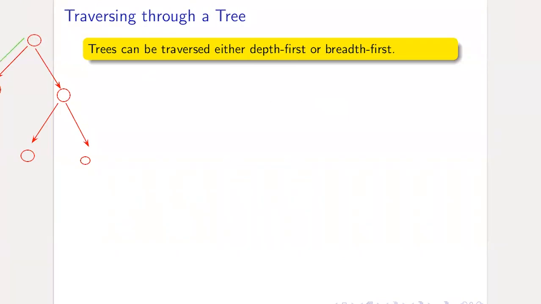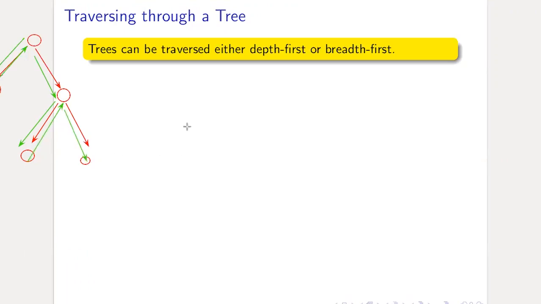You keep on going down, and when you hit the bottom on one path, you come back up and keep going down. So if you start here and go to the left, you go down. You can't go any further, so that ends the visit there, and then you come here and go down this way, and no further visiting is possible. You go this way, and you can traverse like that.